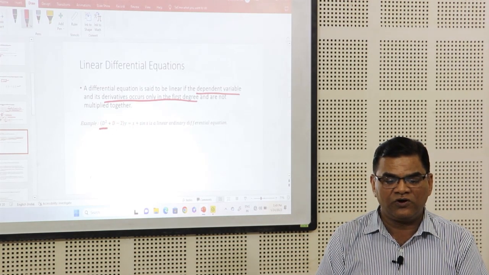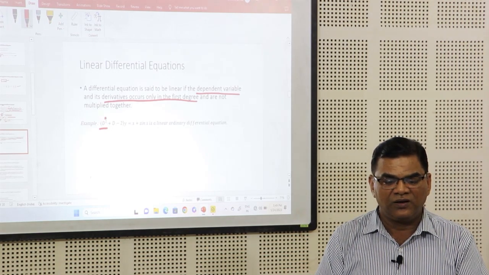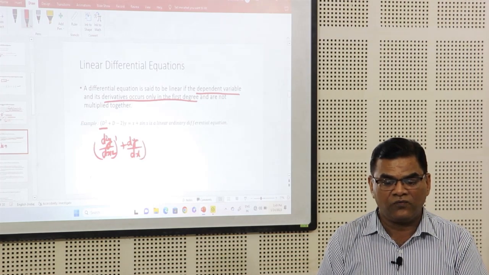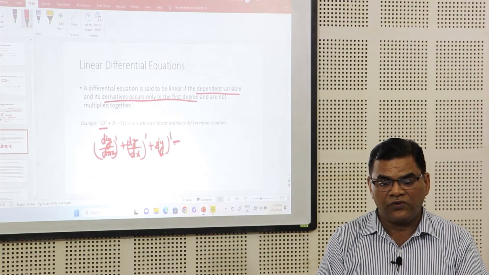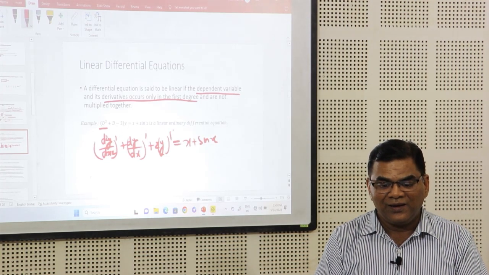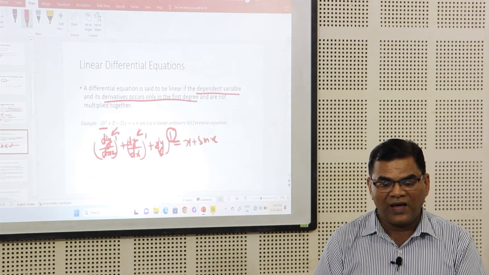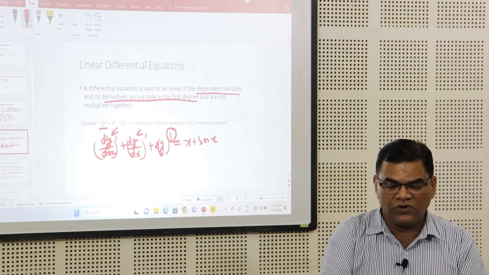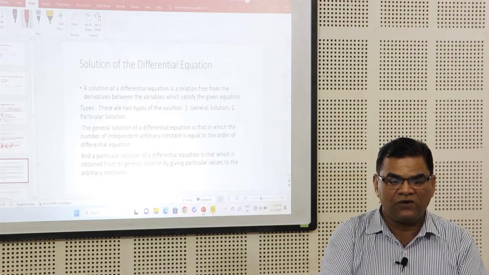Here we can easily observe that the power of d²y/dx² is 1, the power of dy/dx is 1, and the power of y is also 1. So, the dependent variable and its derivatives have only power 1. Therefore, this is an example of a linear differential equation.